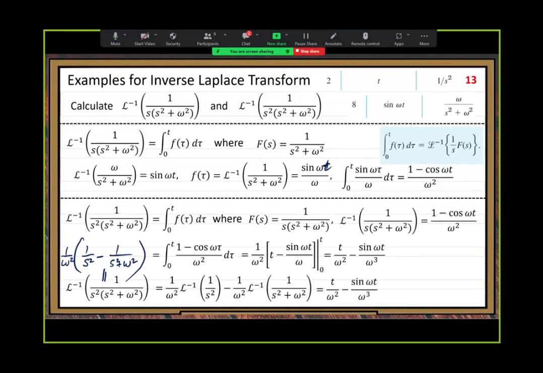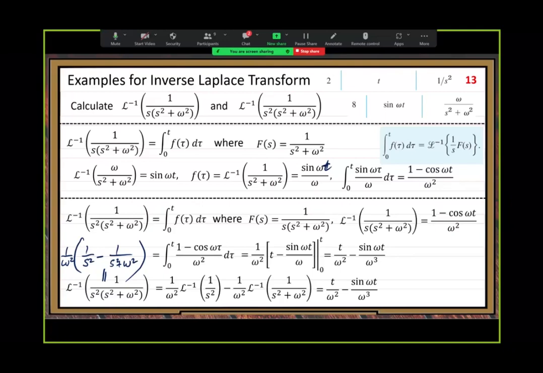So you have different ways to find the Laplace or inverse Laplace transform. It depends on how you understand the structure of the given function. You have several ways to understand the structure.